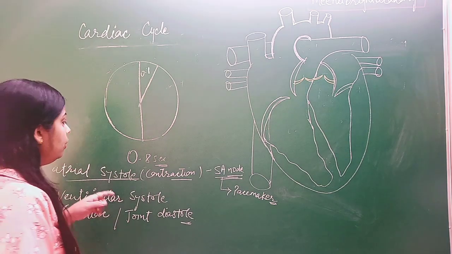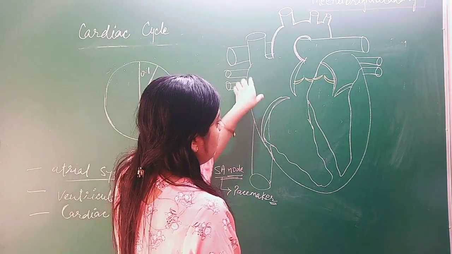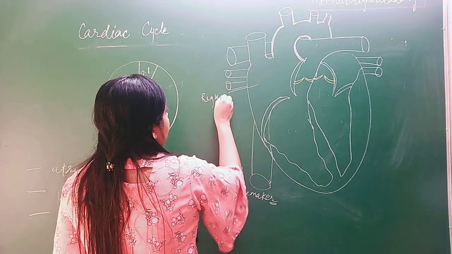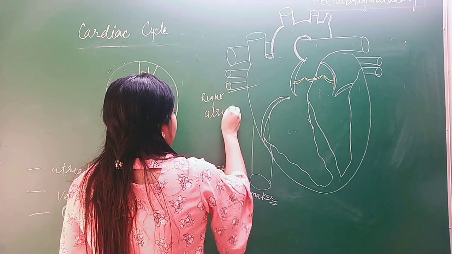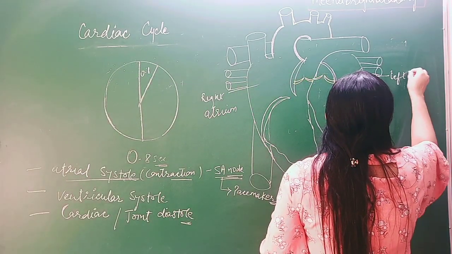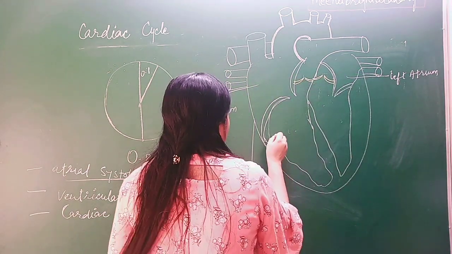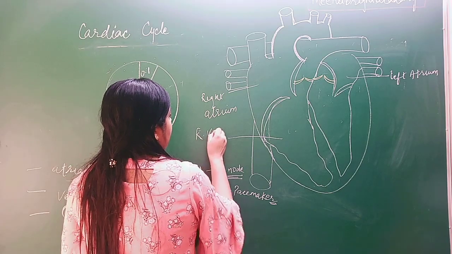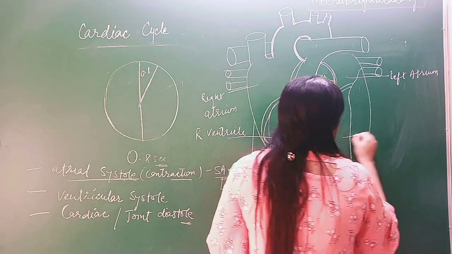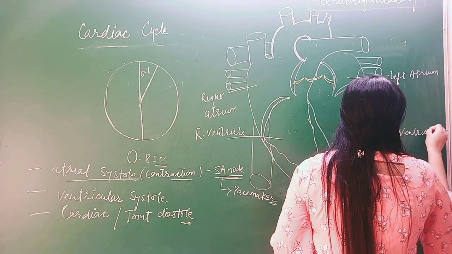So what is happening in the atrial systole? You can see here there is a diagram of the heart. This is the right atrium, left atrium, right ventricle, and left ventricle.